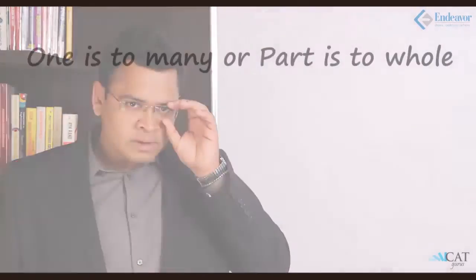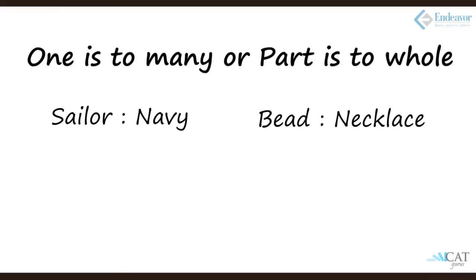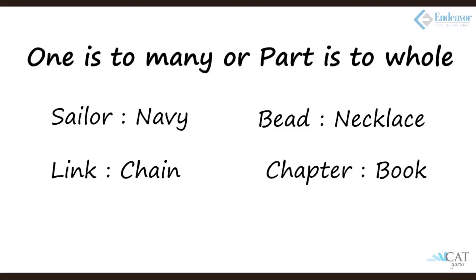Start off with the first of the relationships of the day, which is one is to many or part is to whole. A one is to many, say examples like sailor is to navy, bead is to necklace, a link is to chain, a chapter is to book.